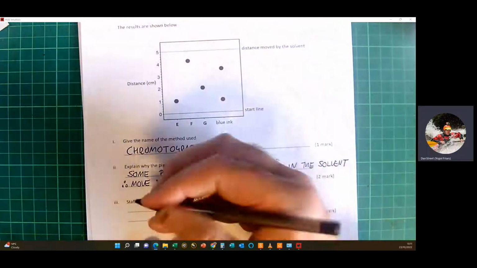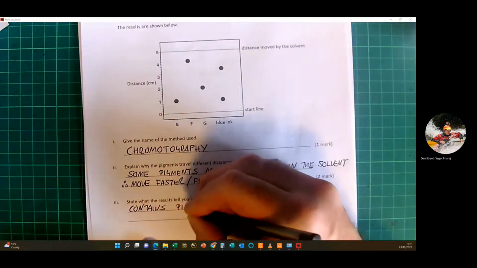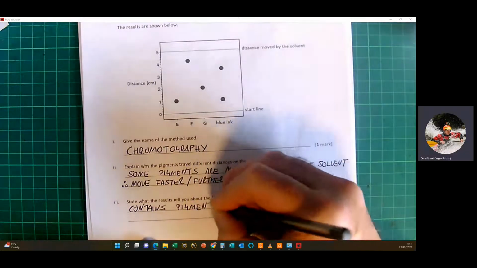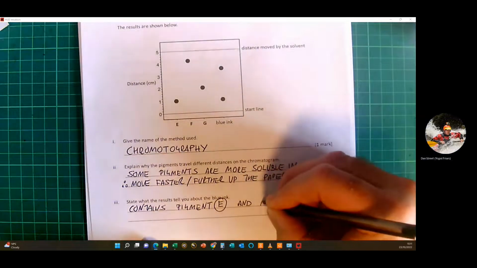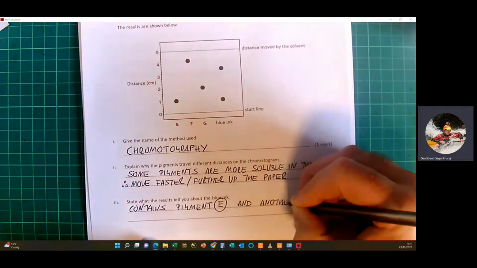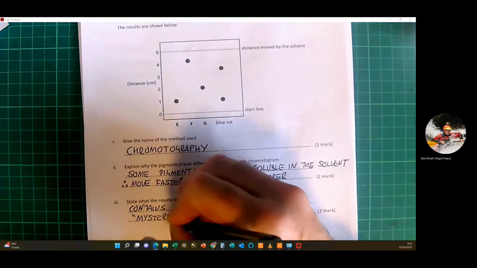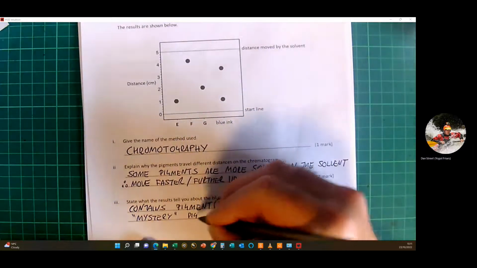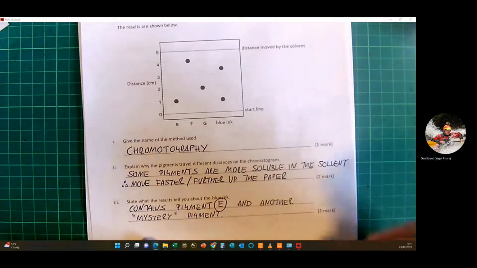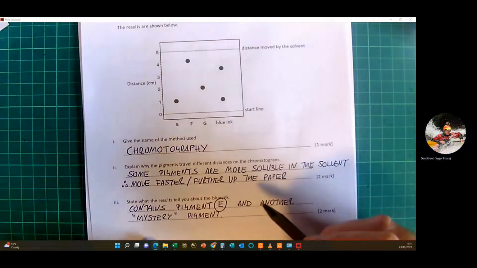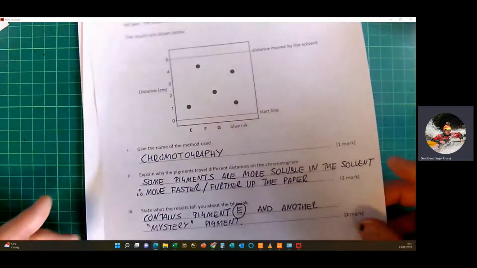So basically, the blue ink contains pigment E and another mystery pigment. Or just another pigment basically. So that's what we can ascertain from that chromatogram.